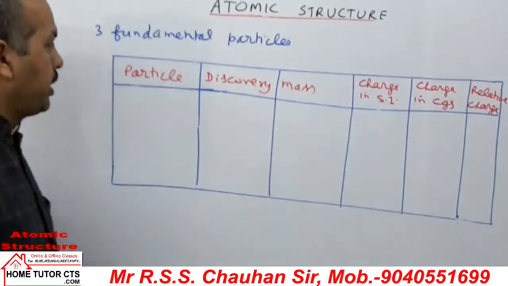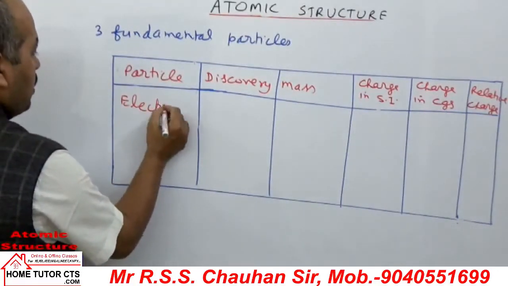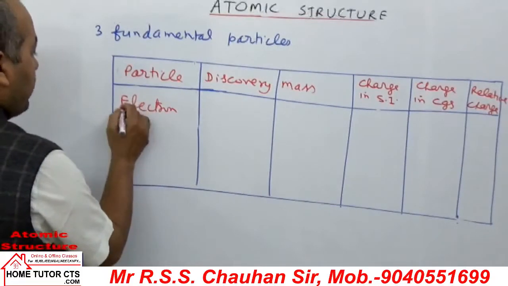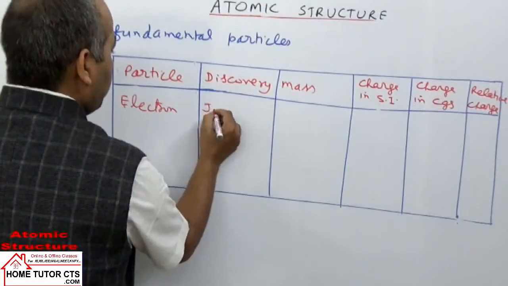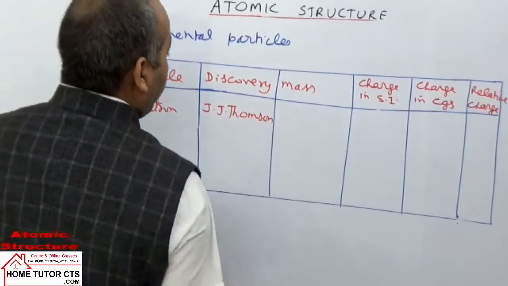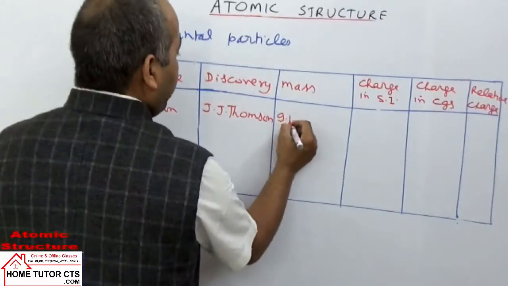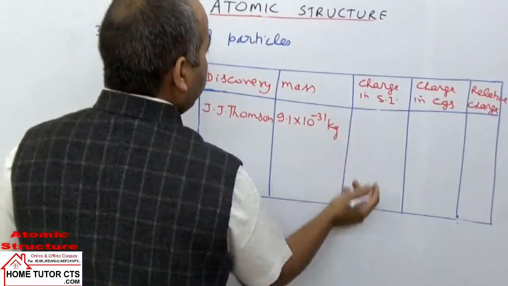If you take the first particle, let's say, electron. Electron was discovered by which scientist? Sir J.J. Thomson. Mass of electron is taken as 9.1 × 10^-31 kg.